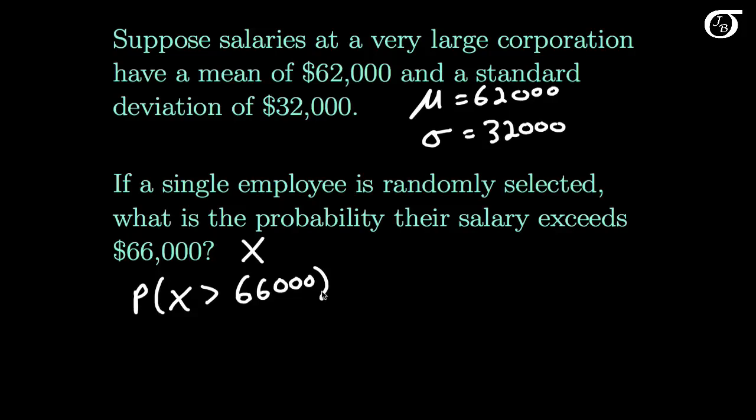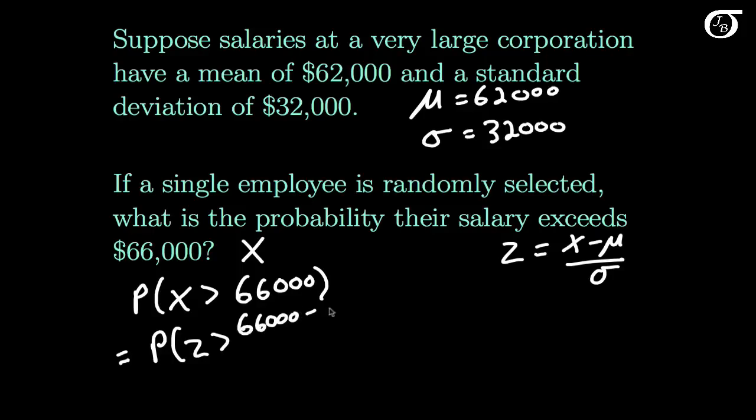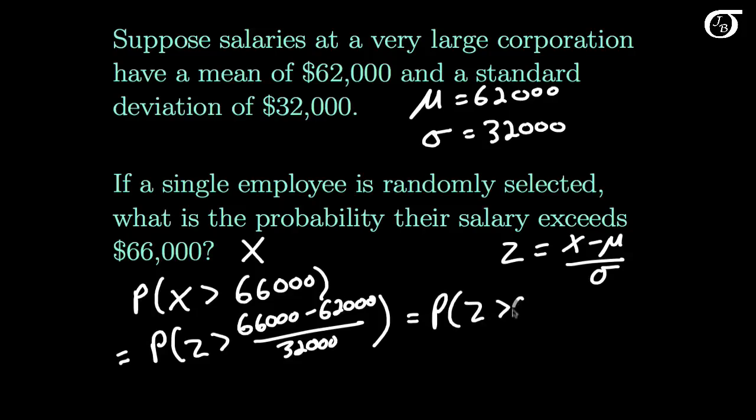Well, we've previously done some probability calculations and said that z is equal to x minus mu over sigma. So it might be tempting here to say that this is equal to the probability that z is greater than 66,000 minus 62,000 over 32,000, which would be equal to the probability that z is greater than 0.125.